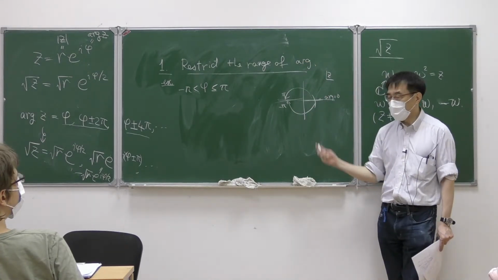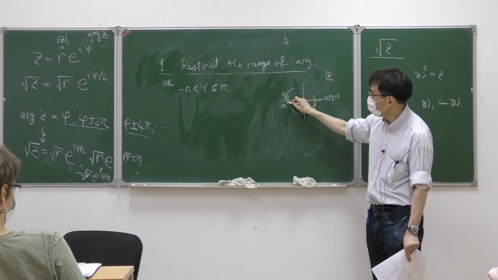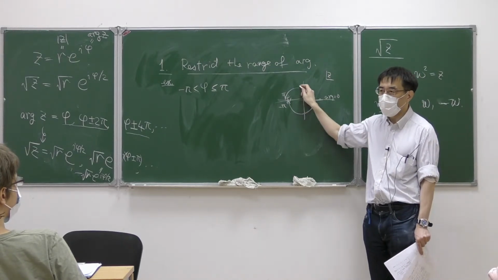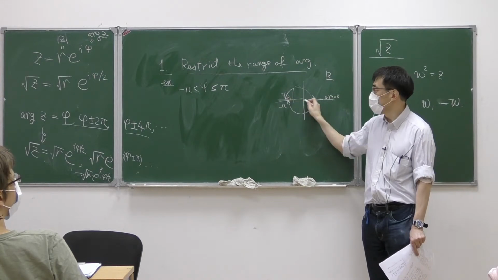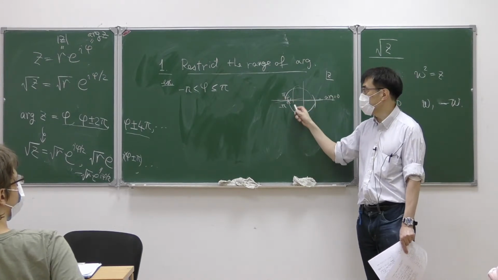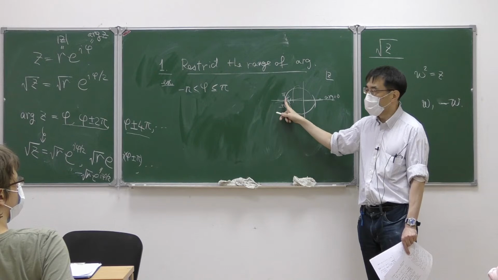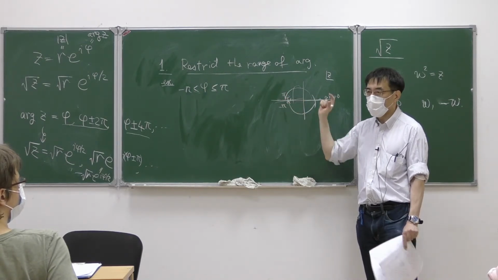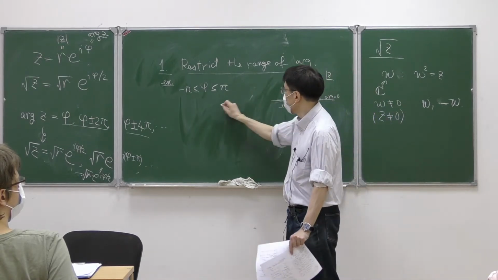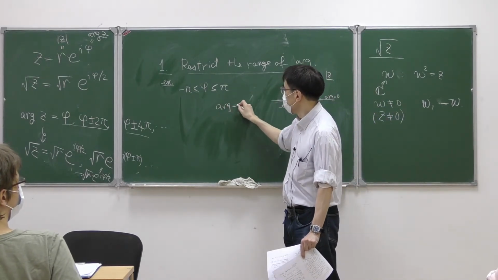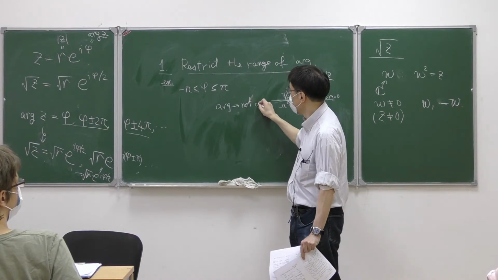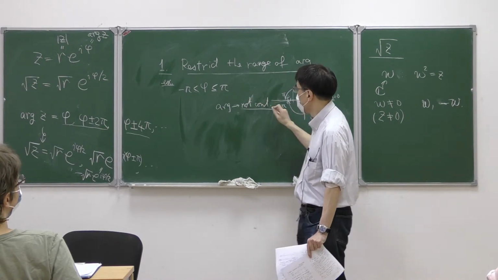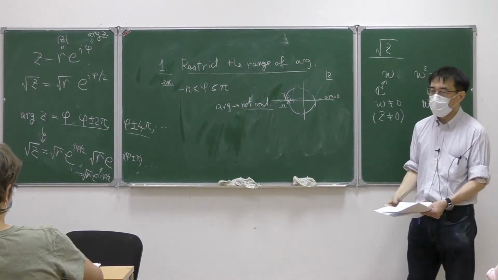But not always, because we have some gap here when we cross the negative part of the real axis. The argument jumps abruptly by 2 pi. So the argument is not a continuous function.